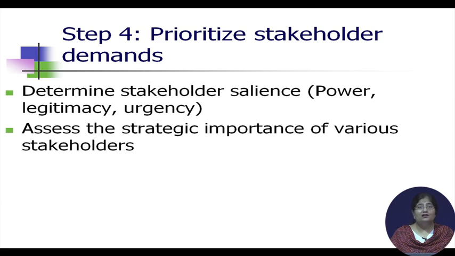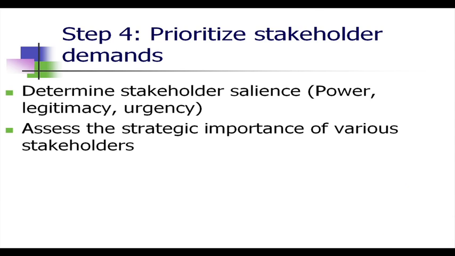Prioritize stakeholder demands. Now this is where the previous lecture's learning comes into place. So you determine stakeholder salience. How important are these stakeholders? Do they have all three, power, legitimacy and urgency, or do they have any two?